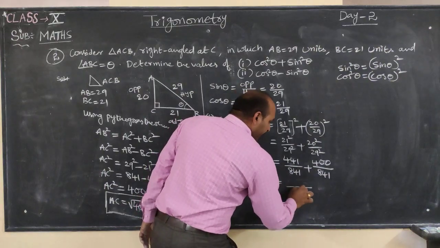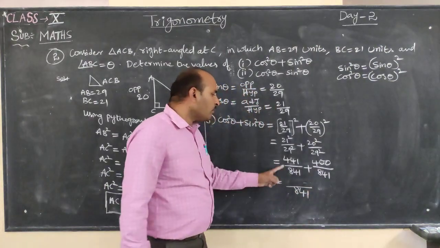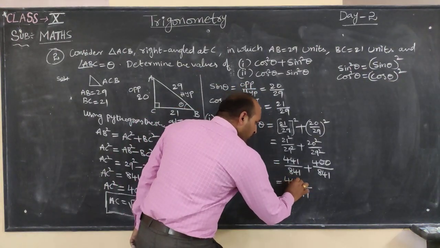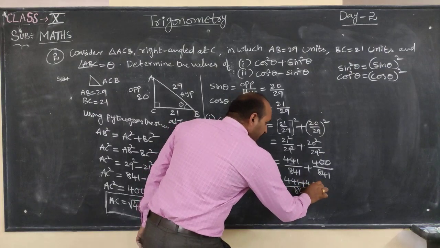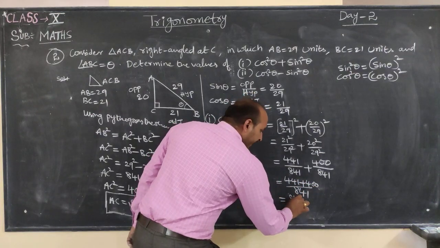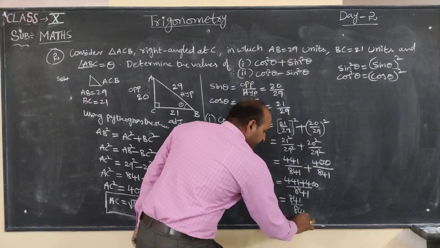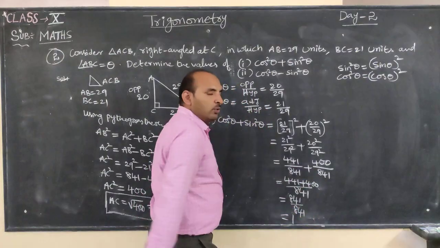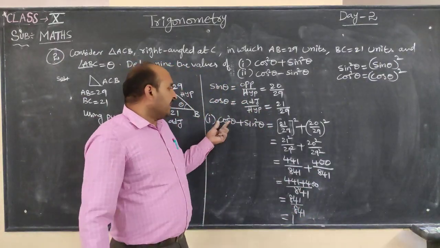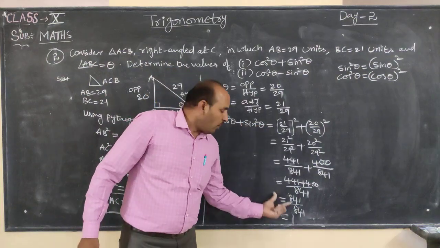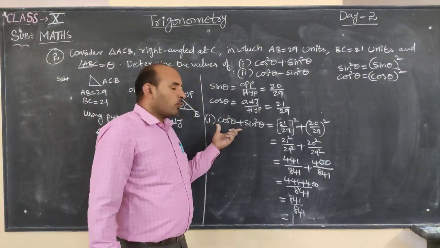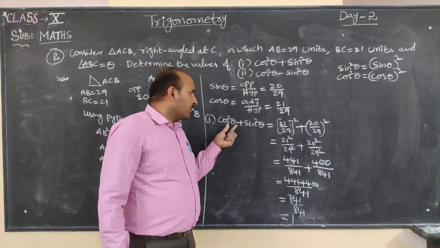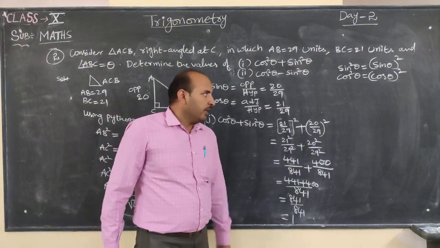Taking LCM 841, 441 plus 400 is 841 divided by 841, which is equal to 1. Remember, sin square theta plus cos square theta value is always 1. It is also one of the important formulas.